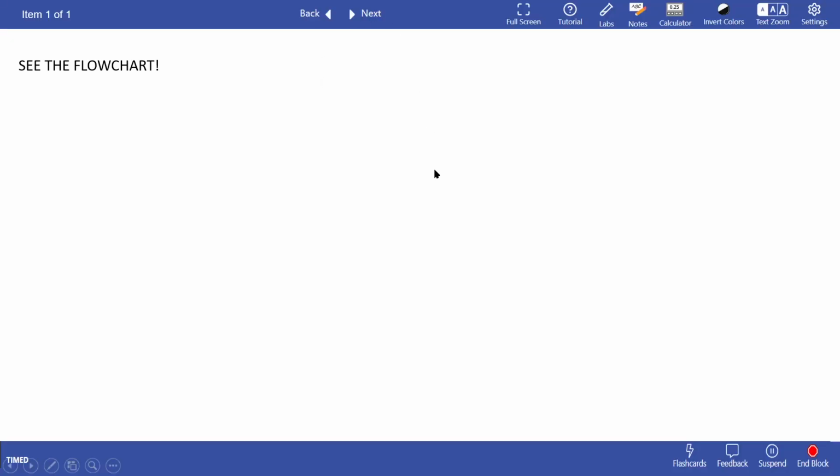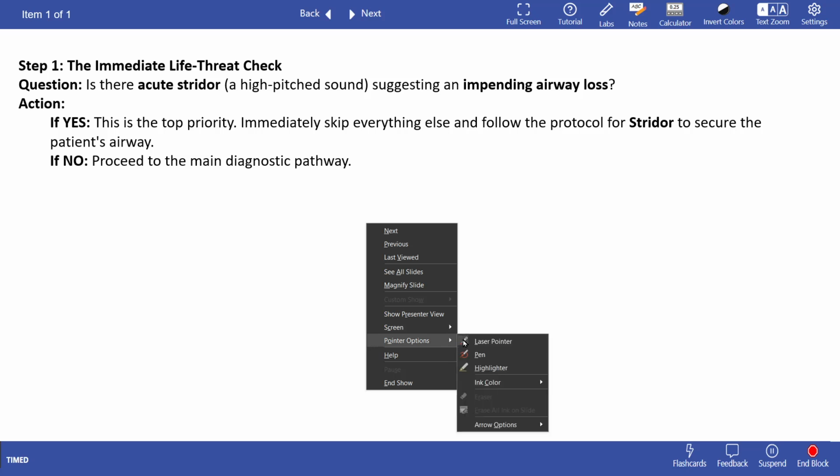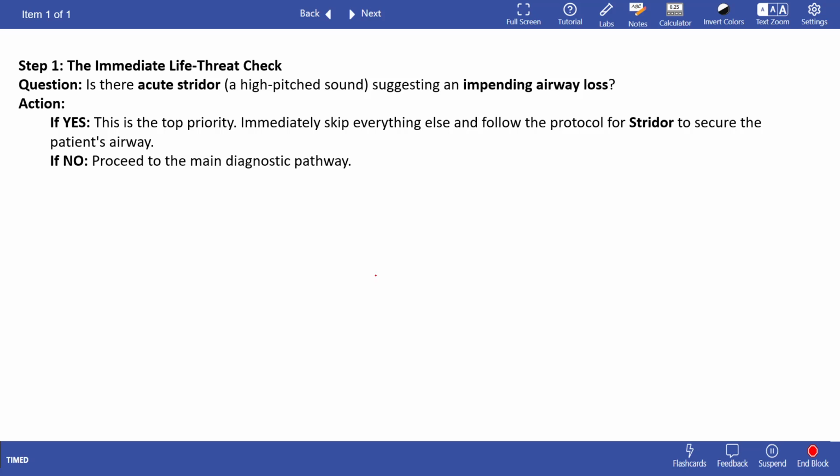Okay, so now we've looked at the flow chart. So step one would be to check for the immediate life threat. Is there acute stridor present? Stridor basically points towards our impending airway loss.